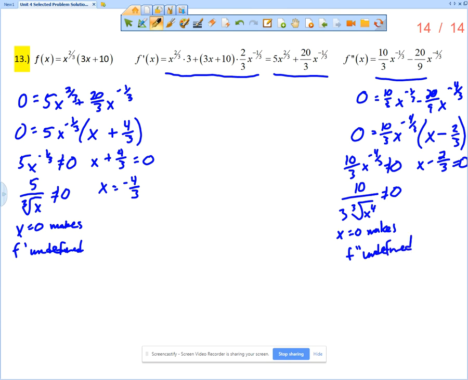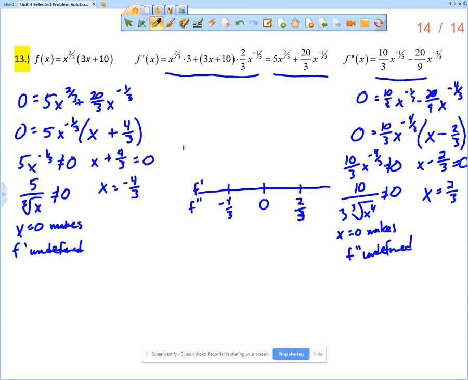So if f prime is undefined, then f double prime has to be undefined. Then x equals 2/3. Now I'm going to create my number line, and on it I'm going to put negative 4/3, 0, and positive 2/3. I'll do f prime above the number line and f double prime below the number line.